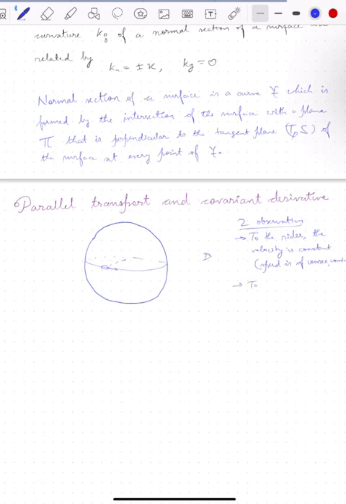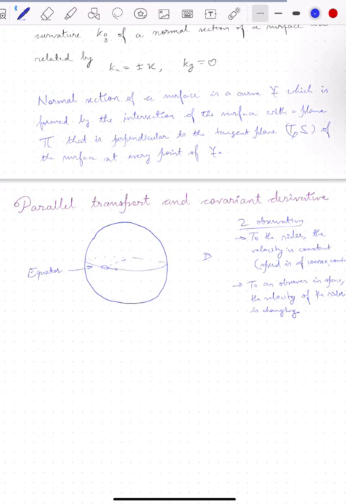However, to an observer in space, the velocity keeps on changing. This is the equator, and I must make it clear, the rider's velocity is changing, right? So this is what we see here.